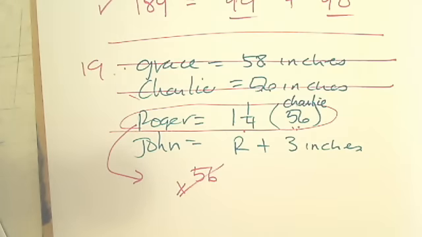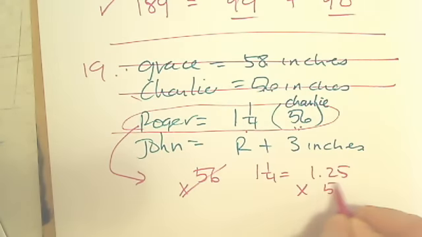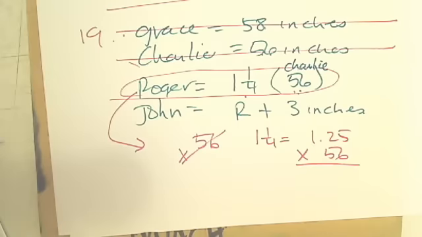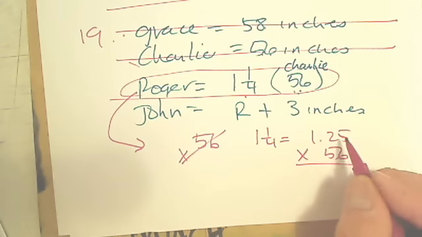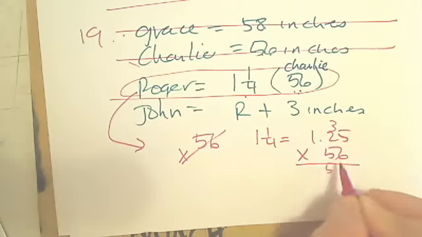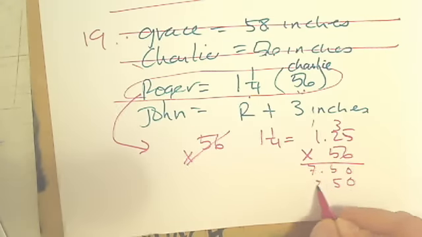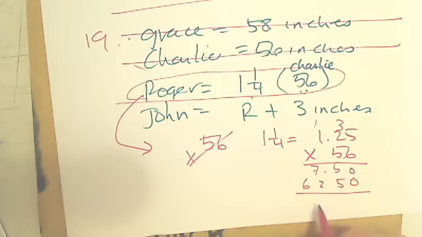You have 5 quarters, $1.25. So 1 1/4 is $1.25, or 1.25 times 56. When you multiply those out, what's that? 30, carry 3, 15, carry the 1, 0, 7, 0, 5, 2, 10, 12, 6. So when you add everything together, is it 70?